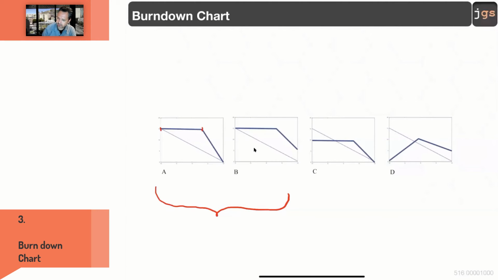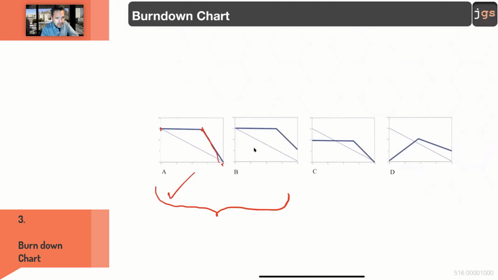And here they start working and on the second day they finish. Very weird burn down chart, but it's just a team that procrastinates and then speeds up and completes the project. That is A. Good or bad is a different story, but the plot is representing a burn down chart. Good.